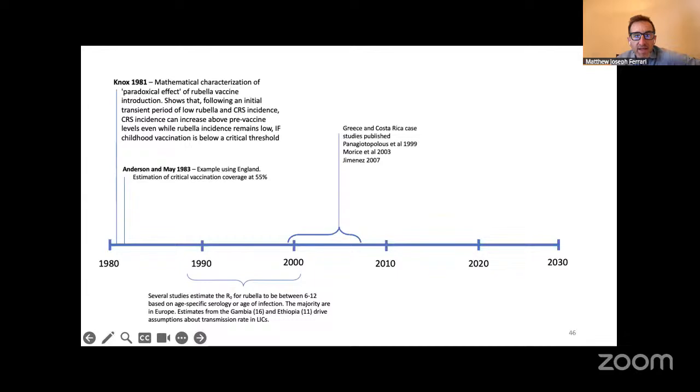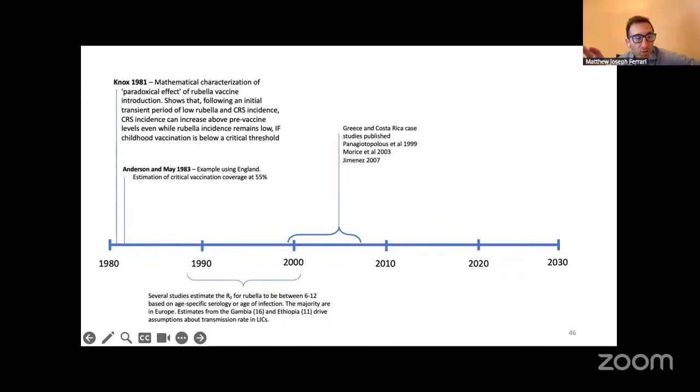Between 1999 and 2007, case studies from Greece and Costa Rica were published that gave evidence suggesting that the paradoxical effect of rubella introduction could occur. These countries saw, 10 years after their introduction, rubella outbreaks with large increases in CRS.